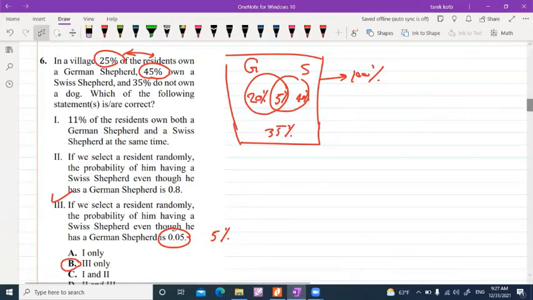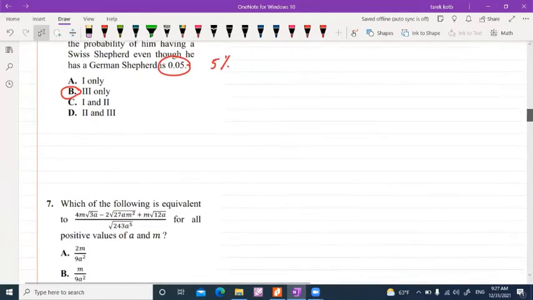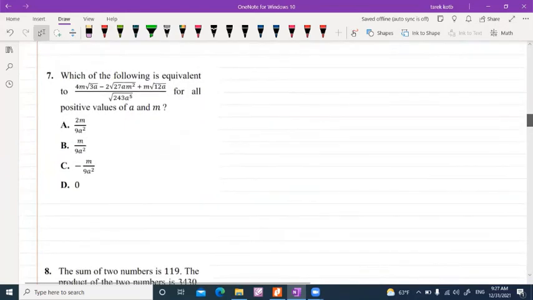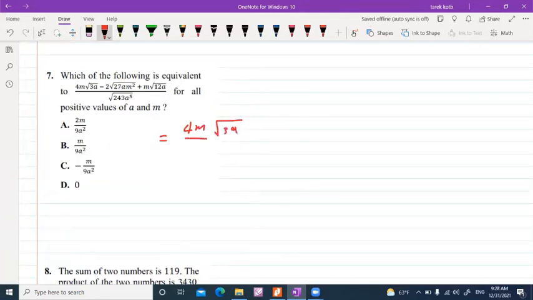Number 7, which of the following is equivalent to this expression? This is a long expression. I want to simplify it. Let's simplify it. This is 4m root 3a. It's already simplified. But here, this is 27m squared.